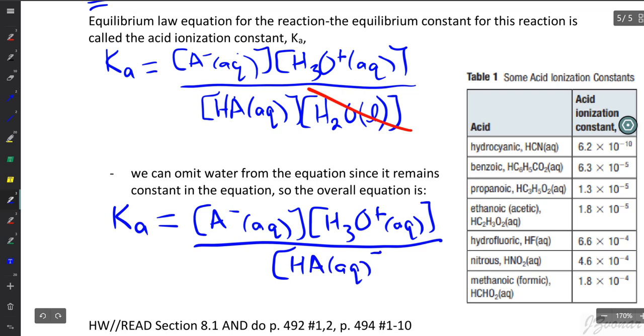All right, so this represents the general equation. All right, so the acid ionization constants are also tabulated. So you've got a very short list here on the right hand side. It's unique to different acids. And so we're going to see how we can use them in describing and explaining equilibria of acids and bases in the next few lessons.